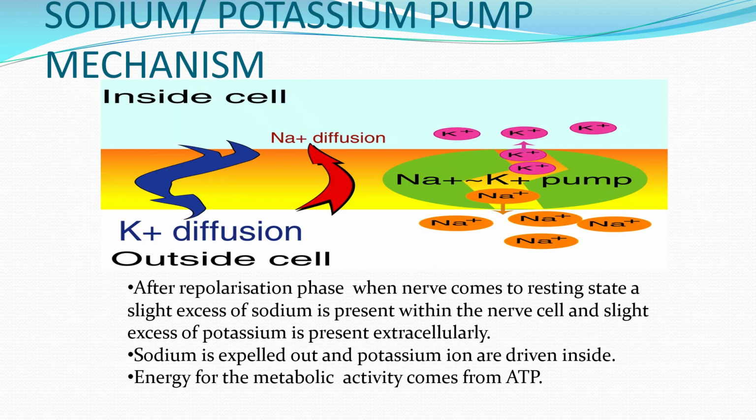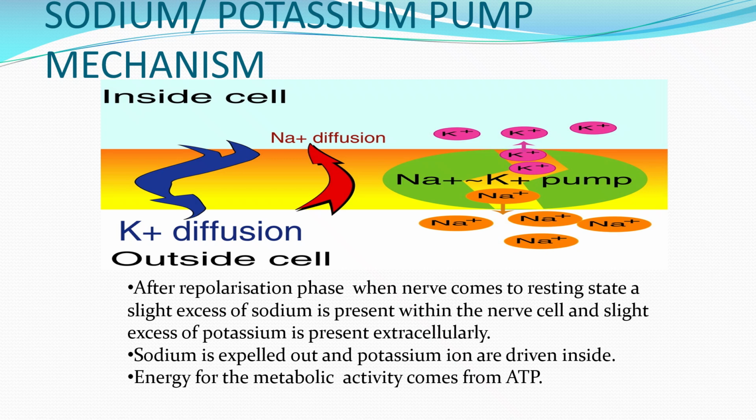You should all know the sodium potassium pump mechanism. After the repolarization phase, when the nerve comes to a resting phase, there is a slight excess of sodium present within the nerve cell and an excess of potassium ion in the external environment. So the sodium has to be expelled out and the potassium ion driven back inside. This brief period is called the refractory period, which helps the nerve to conduct another impulse.